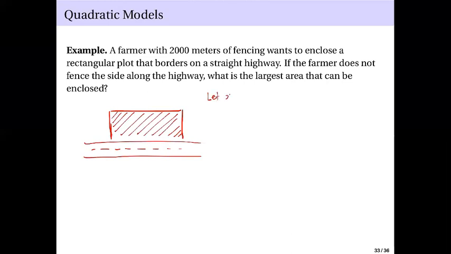Let X be the length of the rectangular plot, and let Y be the width of the rectangular plot.